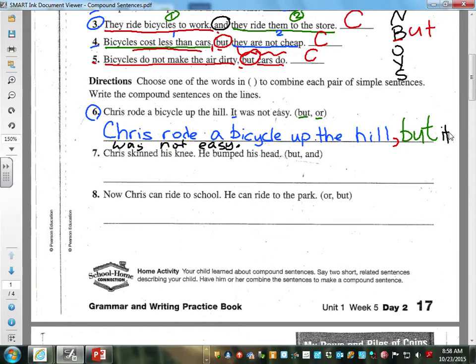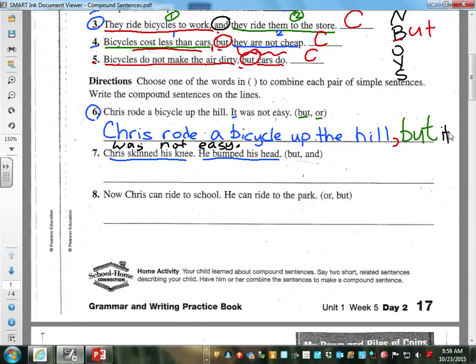Number 7 says, Chris skinned his knee. He bumped his head. Right now, I have two complete simple sentences because they each have one thought. The first one, Chris skinned his knee. The second one, he bumped his head. We've got to form our two sentences. To form our compound sentence, I start with my first thought. What is my first simple sentence?